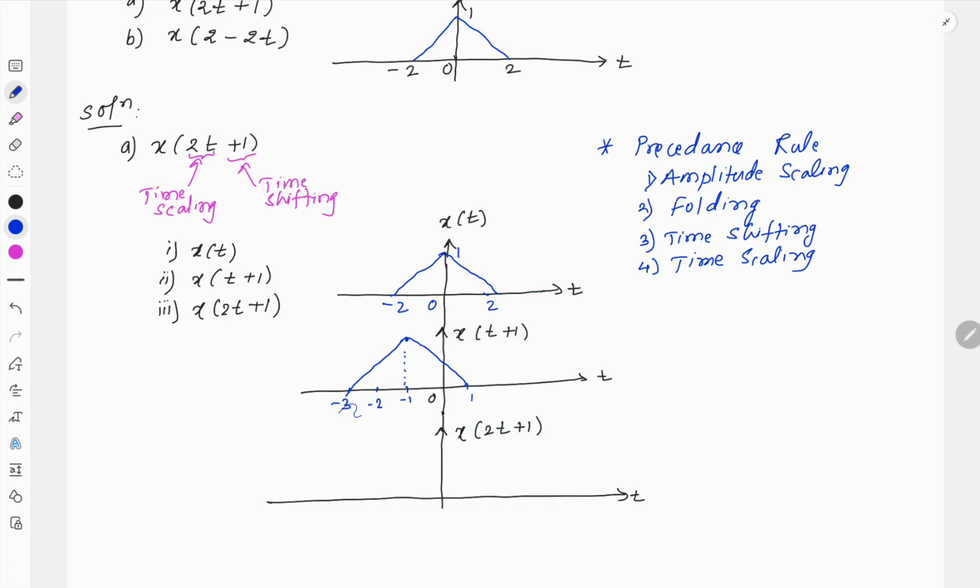So -3 divided by 2 becomes -1.5. -1 divided by 2 becomes -0.5 and 1 divided by 2 becomes 0.5. So let us mark these coordinates. Here we have 0, then we will have 0.5, then 1, and -1.5.